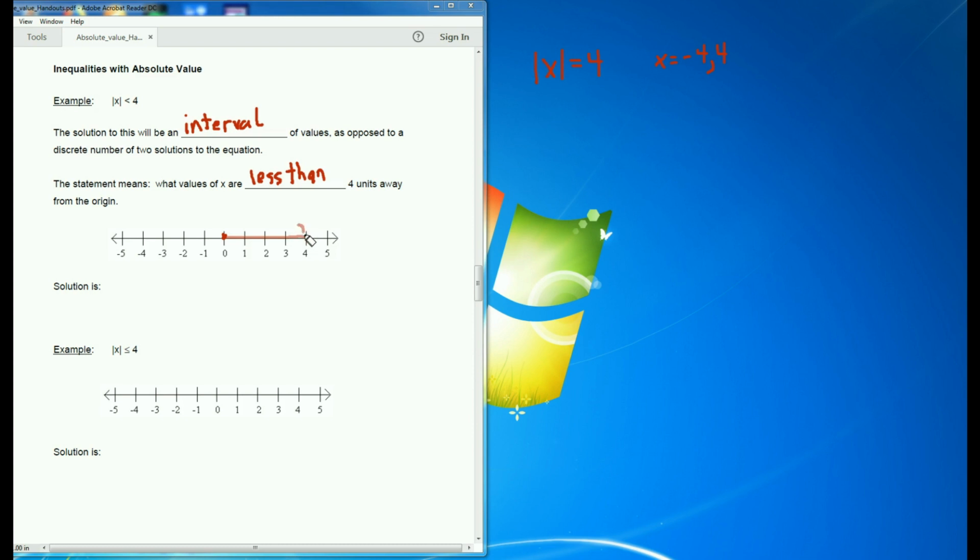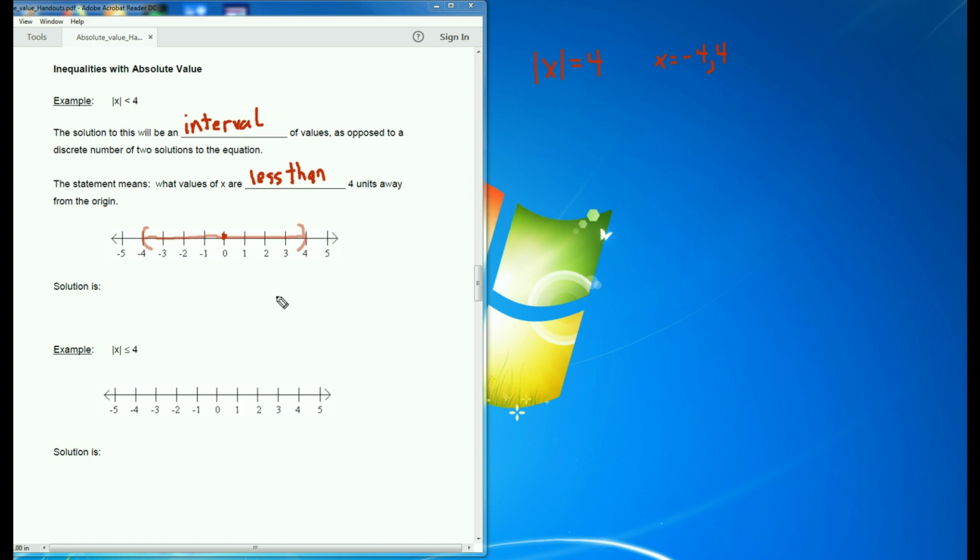All right, so we're not going to include 4. And then also, if we start at the origin and go the other way, am I less than 4 units away? Yes, yes, yes. All the way up to, but not including negative 4. That whole interval, any point in that interval, is less than 4 units away from 0.